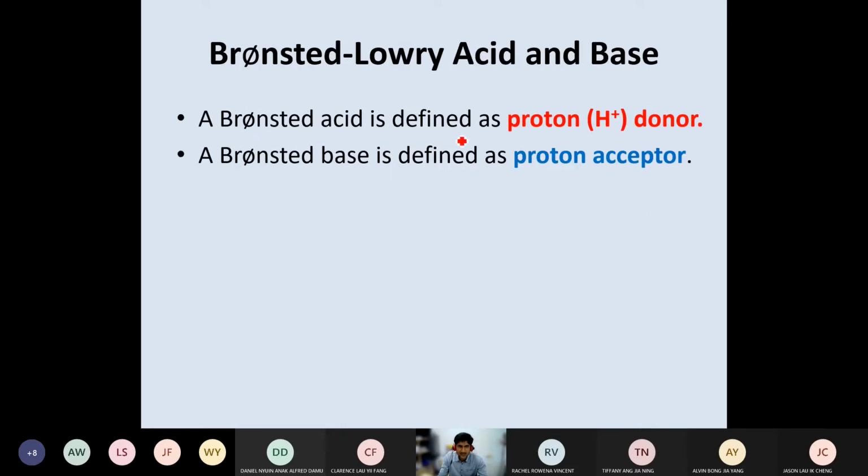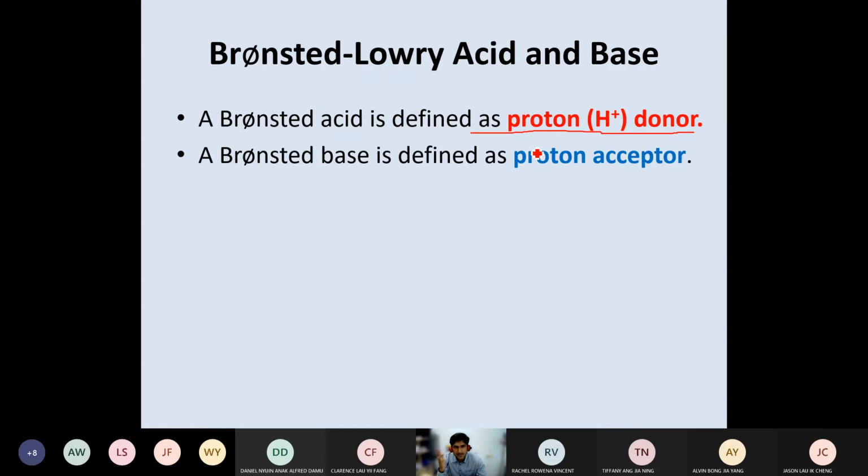So now let's go to the Bronsted and Lowry acid and base. Bronsted and Lowry defined the acid as the proton donor. This is actually the best and the most simple definition of acid and base.